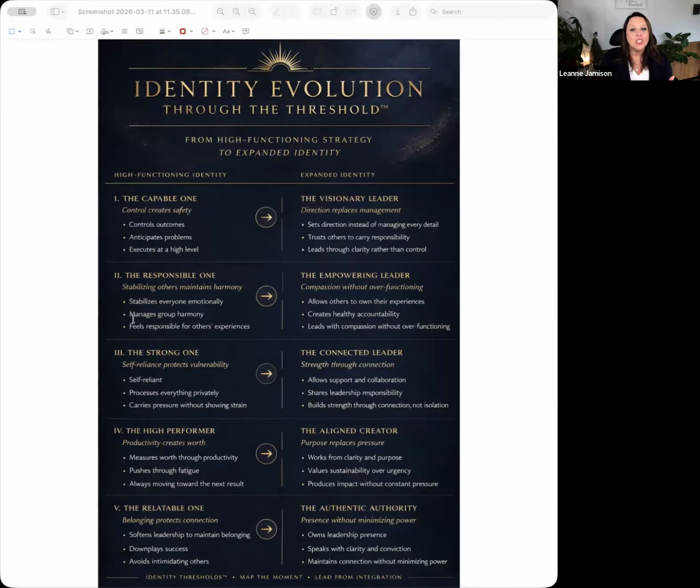hard. And she is often quietly, completely feeling alone. And it's not because people don't love her or want to be close to her, but because the identity that built her strength was built on a specific belief.